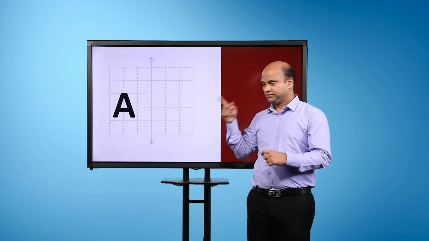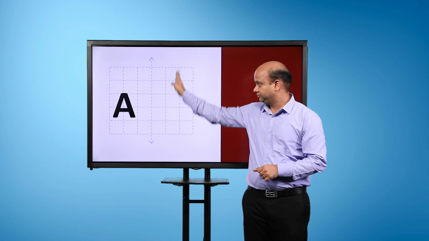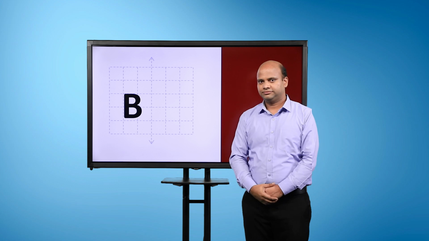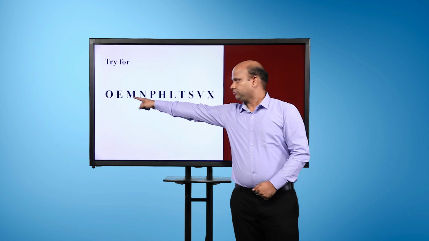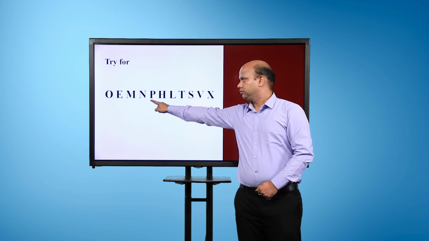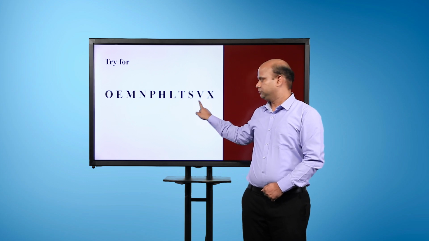We have two different figures of letters A and B given here on squared paper, with lines of symmetry shown vertically. Try for O, E, M, N, P, H, L, T, S, V, X.